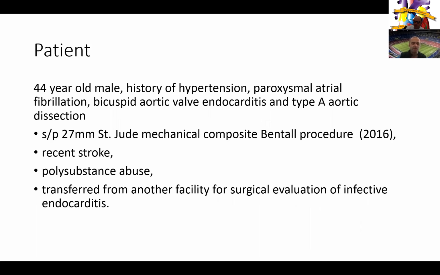He's had a recent stroke and polysubstance abuse, and he was transferred from another facility for surgical evaluation of infective endocarditis. They had positive blood cultures there that they treated, but they thought there was something suspicious for endocarditis, so they transferred him to Cleveland Clinic.